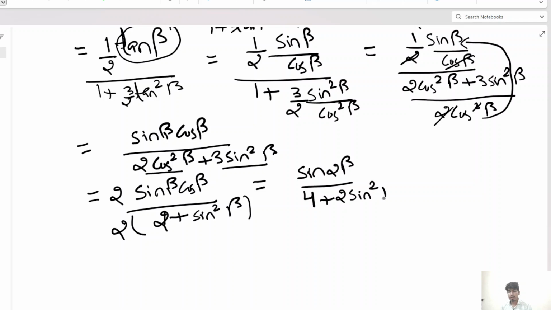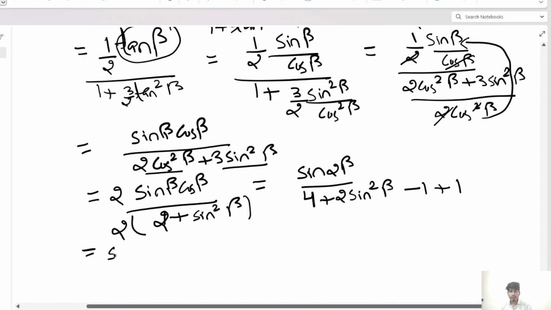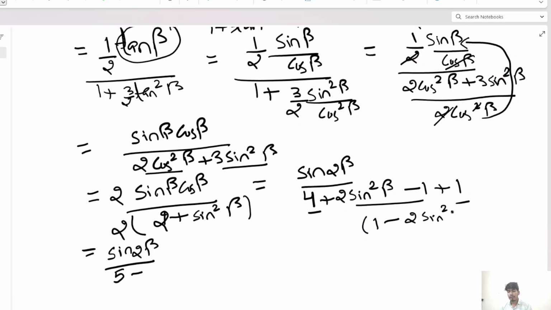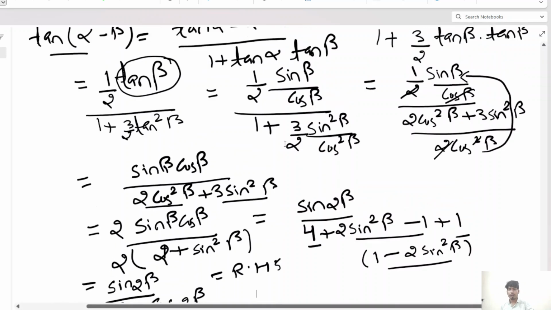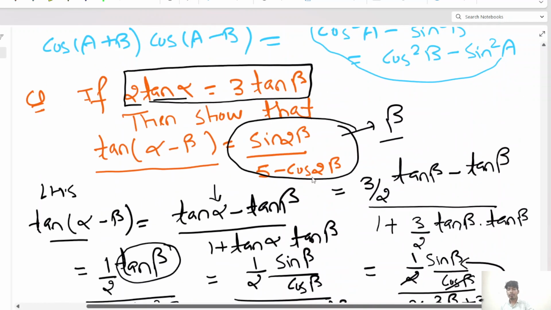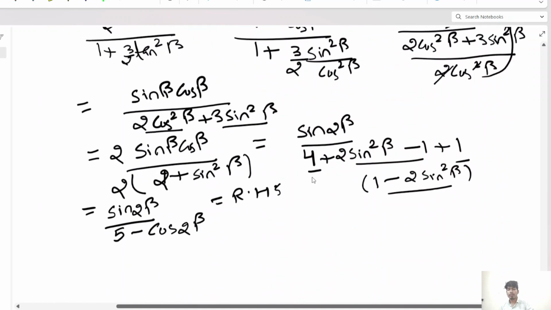Then here minus 1 and plus 1, so this is sin 2 beta upon 5 minus, taking minus common, 1 minus 2 sin square beta, and this is cos 2 beta. So this is our RHS, sin 2 beta upon 5 minus cos 2 beta.